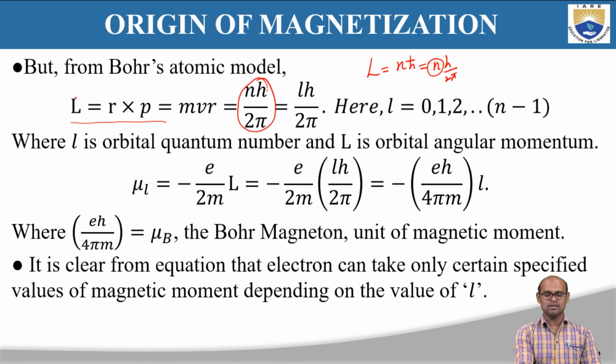So this L must be equal to nh/2π. Here I am going to replace n by l, where l is the orbital quantum number. So lh/2π.